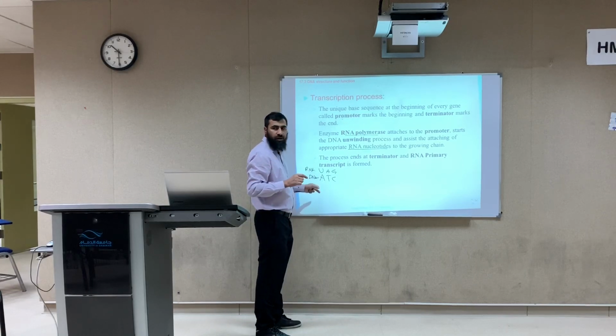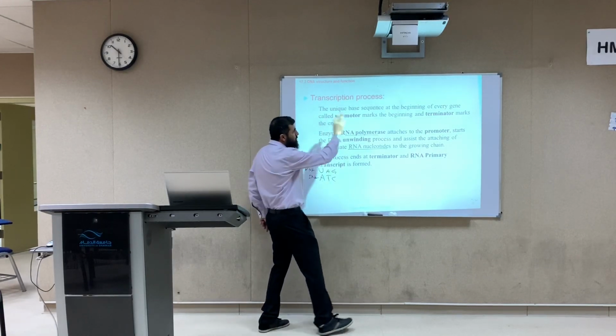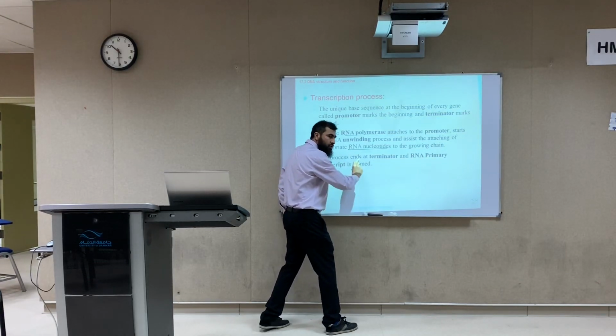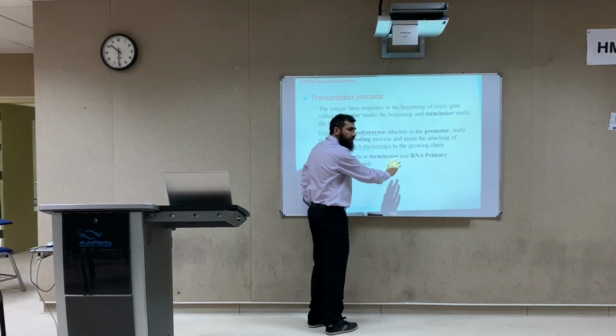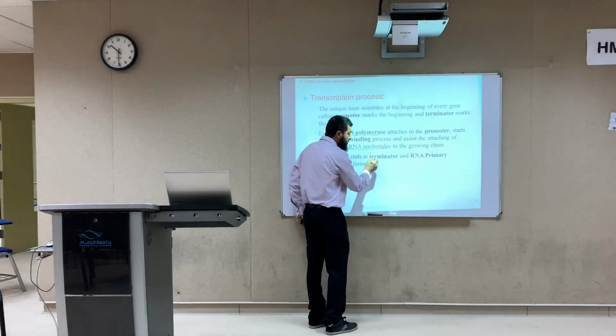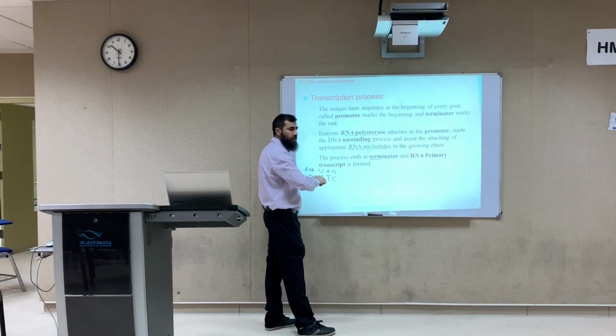One is the ribose sugar and one is the deoxyribose, okay? So deoxyribose, ribose. And then this process will continue. The RNA polymerase will continue to add RNA nucleotides complementary to the DNA until it reaches the terminator, and then you make the primary RNA transcript, okay.